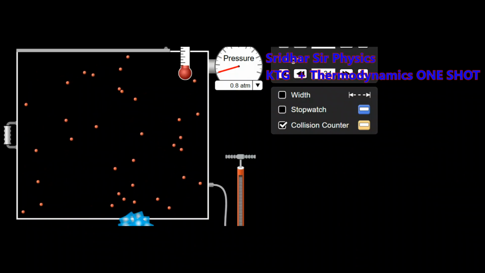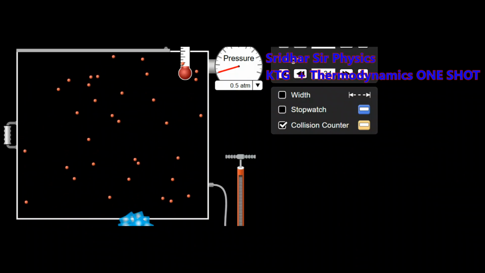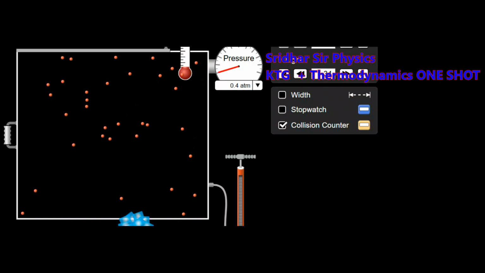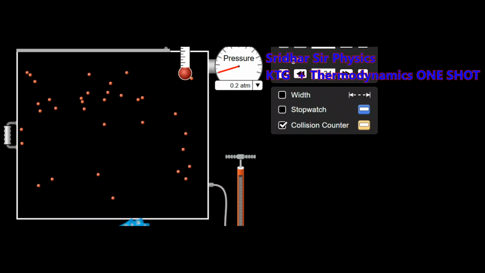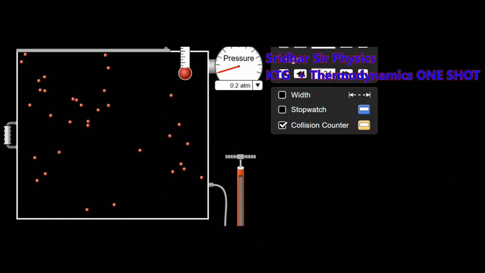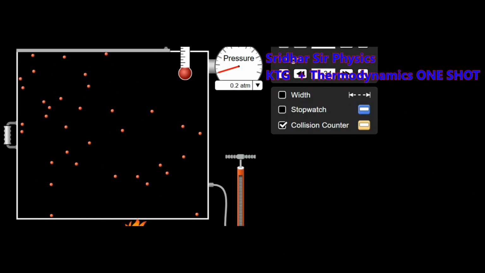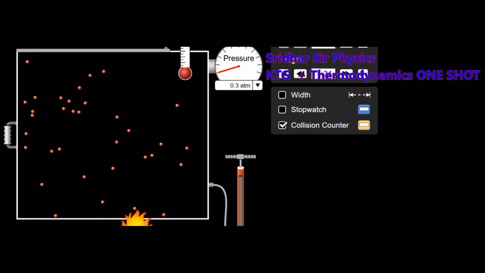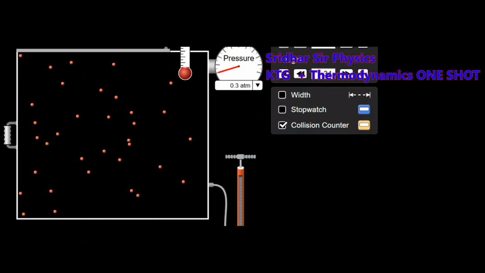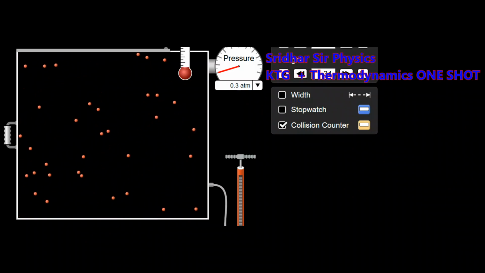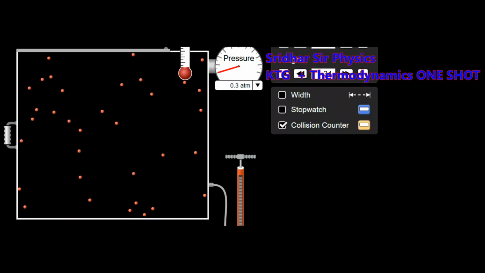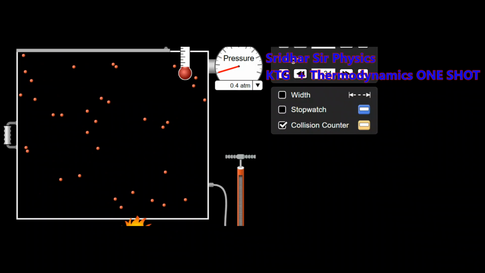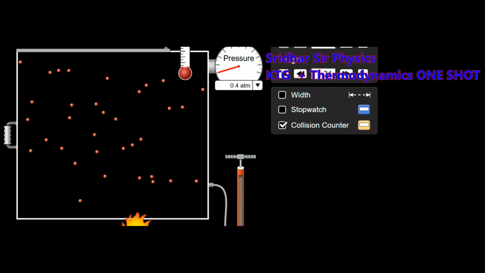Agreed. Their RMS speed will also decrease and the number of collisions also will decrease here. This is at lower temperature. As I increase temperature, the number of collisions will increase.